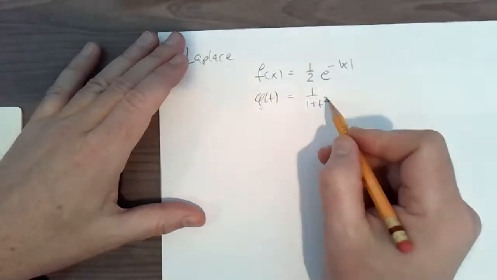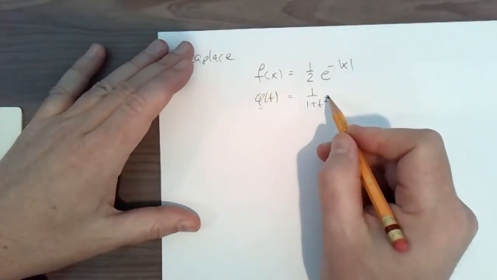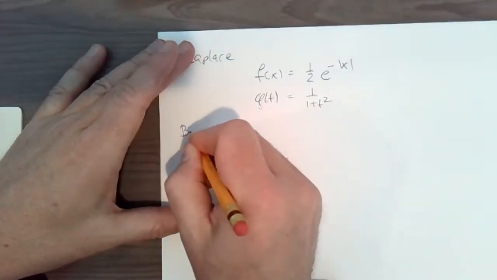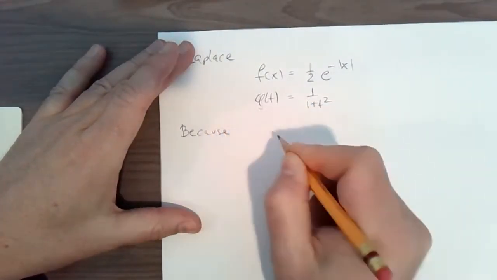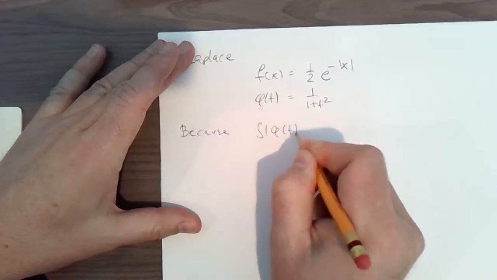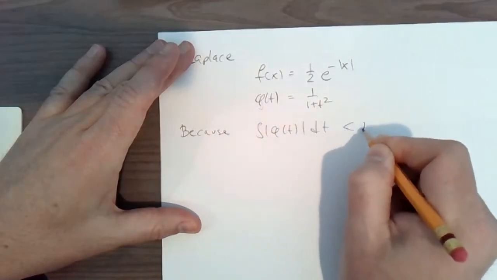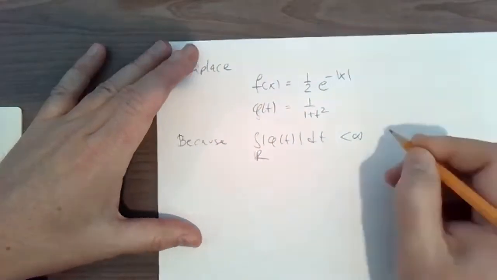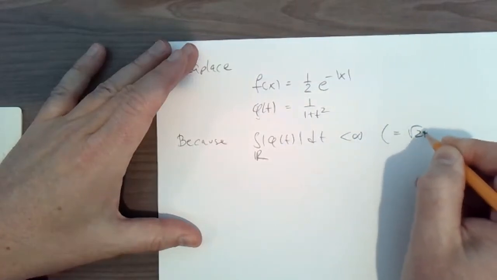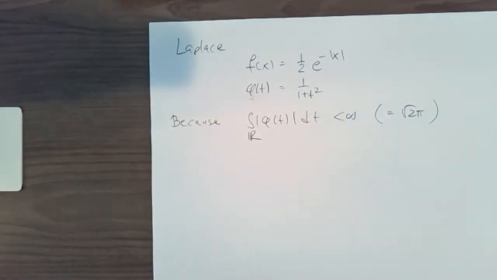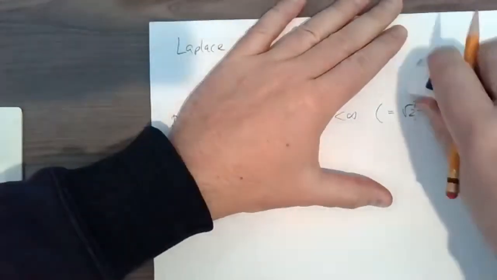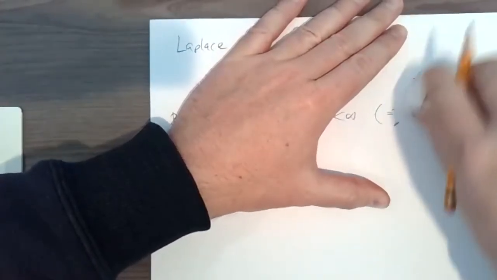And because this is integrable, so because the integral of absolute value of phi is finite, I think it is equal to root 2 pi. No, it's equal to pi. Right, this is arctan substitution.